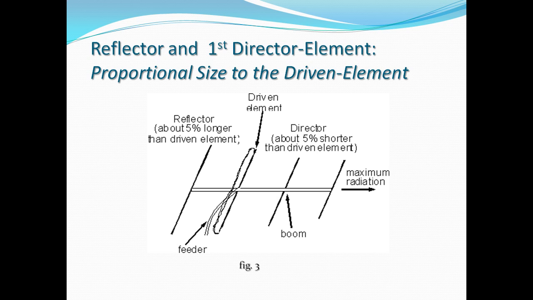The first director element is 5% shorter than the driven element, and subsequent director elements decrease in a certain ratio. The greater the number of parasitic director elements attached to the Yagi's boom, the lower the impedance value drops at the feed point to the folded dipole driven element.